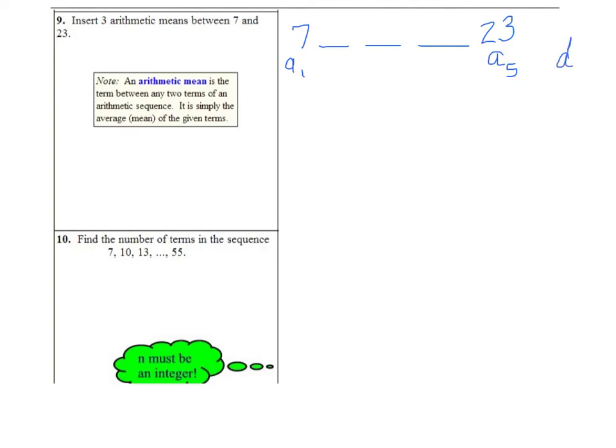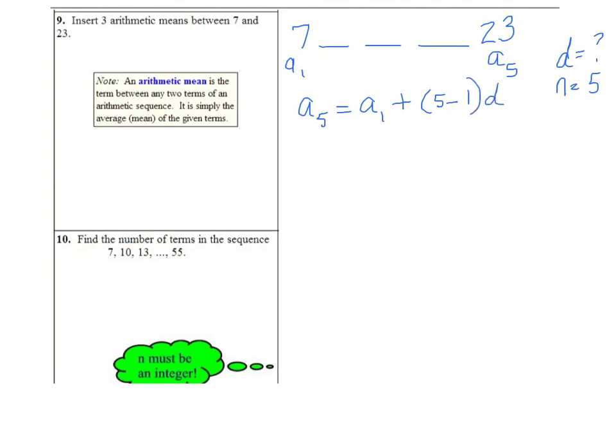I don't know what that is, but I do know that there are 5 terms. So n is 5, right? A sub 5, a sub 1. And so I know that a sub 5 is equal to a sub 1 plus 5 minus 1 times d.